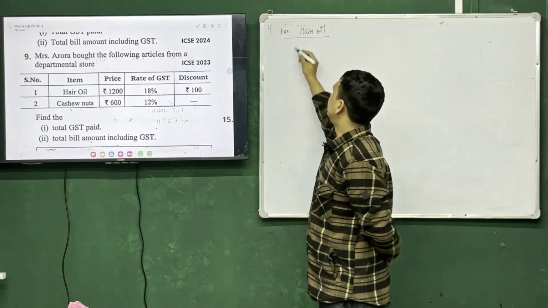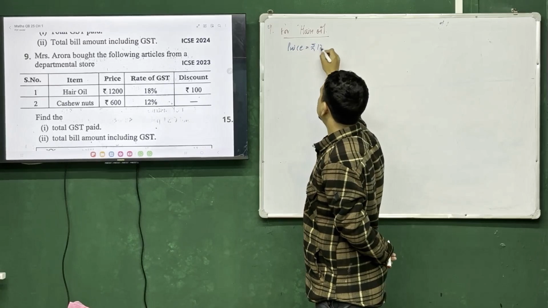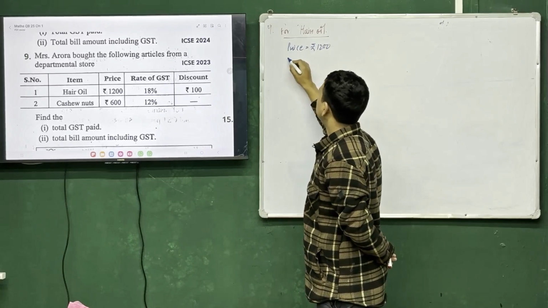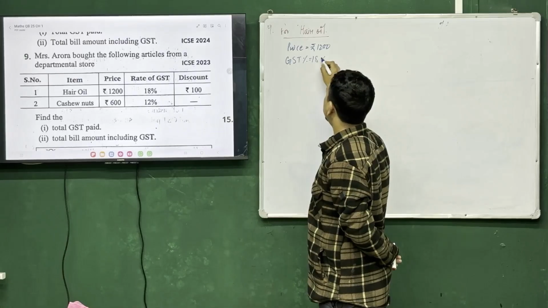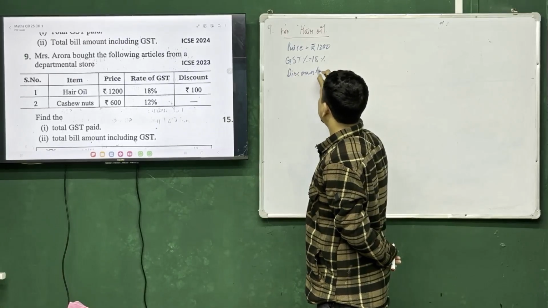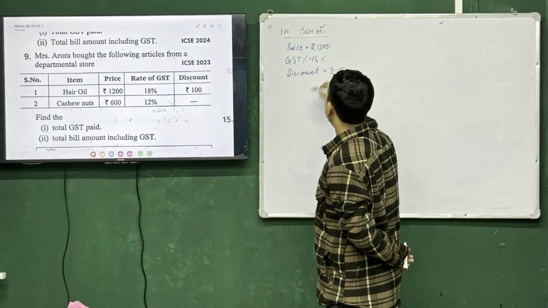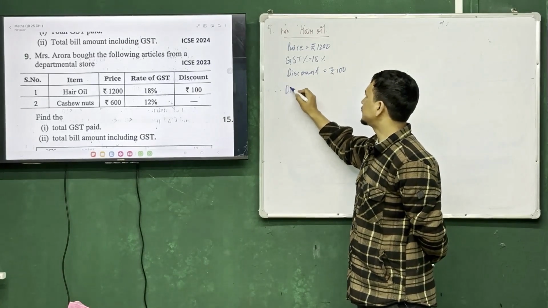For hair oil, the price is rupees 1200, the GST percentage is 18%, and the discount is rupees 100.